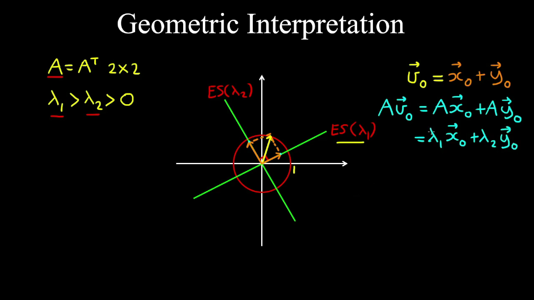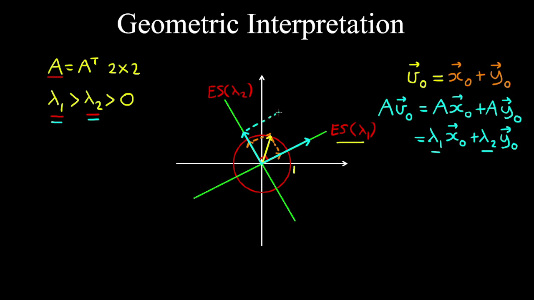So given lambda 1 is the dominant eigenvalue, being greater than lambda 2, then multiplying lambda 1 by x0 is going to stretch it further along this eigenspace compared to the perpendicular eigenspace.